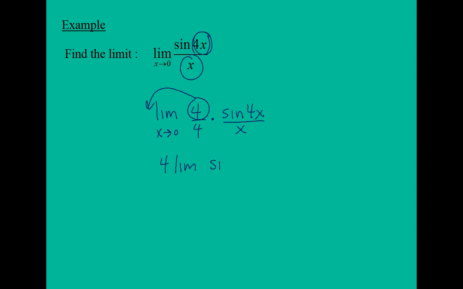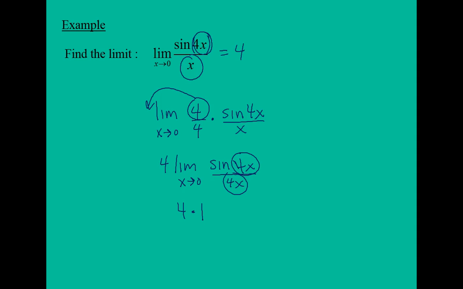So we would have the sine of 4x all over 4x as x approaches 0. Now these are the same, and we can say that limit equals 1. So we'd have 4 times 1, which is 4. So we'd say this equals 4.